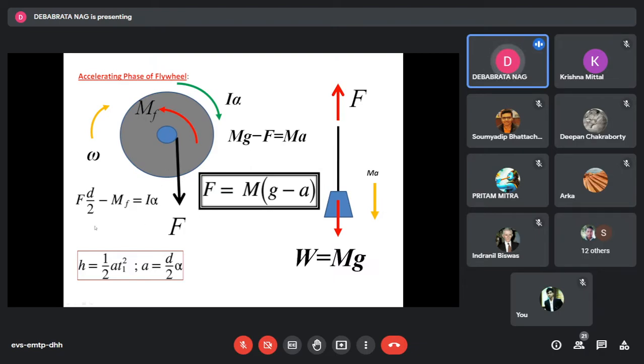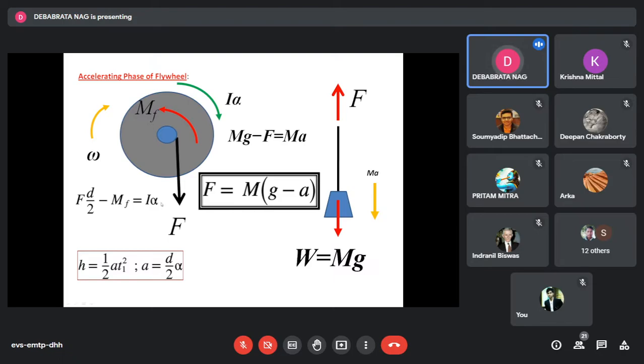If we apply the Euler equation, that means take the moment of all the forces with respect to the center of rotation and write it equal to I alpha. This is Euler's equation, you remember, I told you in the dynamics class. So I therefore write this equation: f d by 2 minus mf equal to I alpha. Okay, so this is one equation, this is another equation.